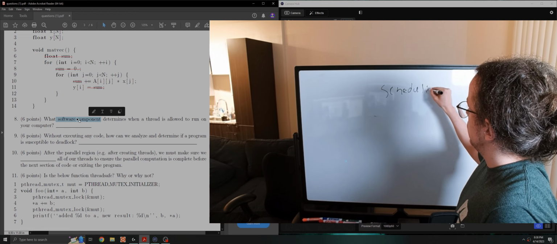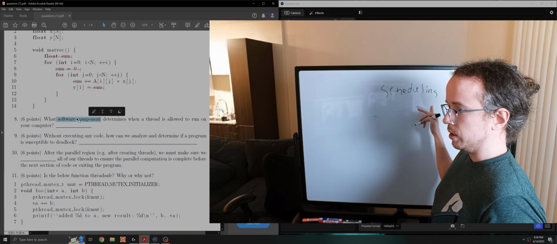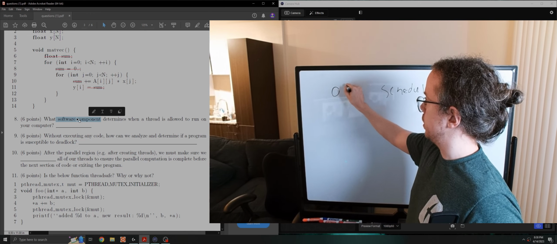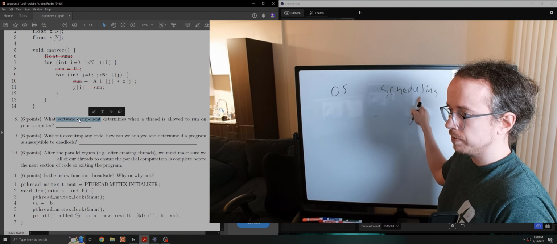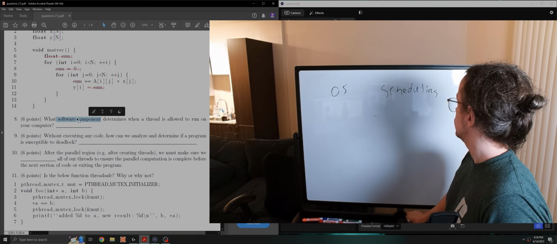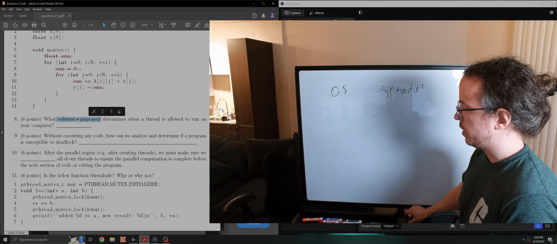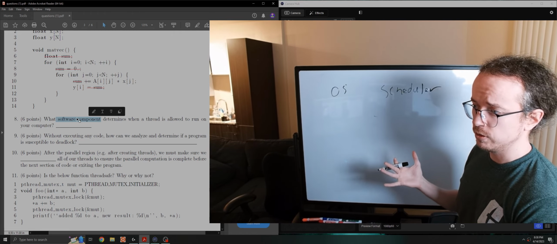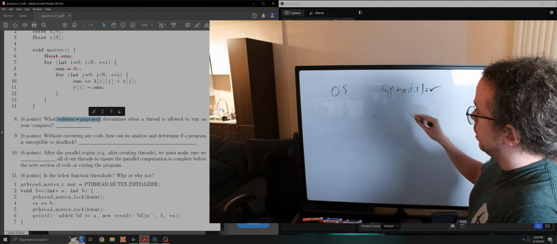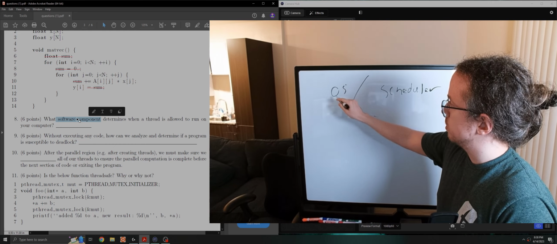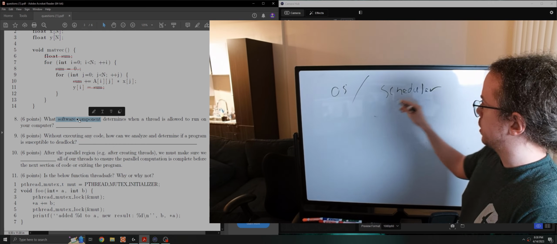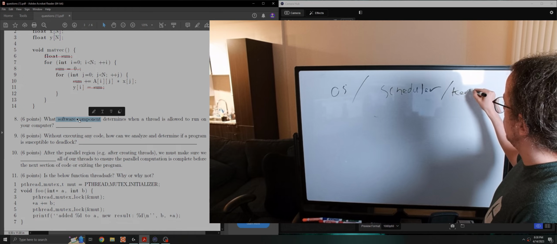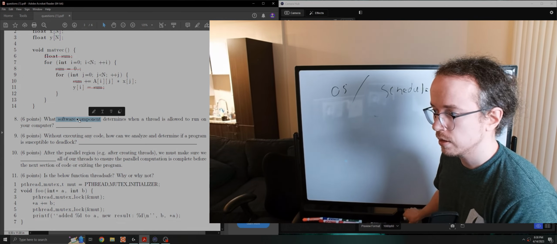The correct answer is scheduling, or more precisely, the OS scheduler. The OS scheduler decides on your computer when your threads run, at least in the ways that we've talked about threads so far. You got full credit if you wrote OS scheduler, kernel, these sorts of things.